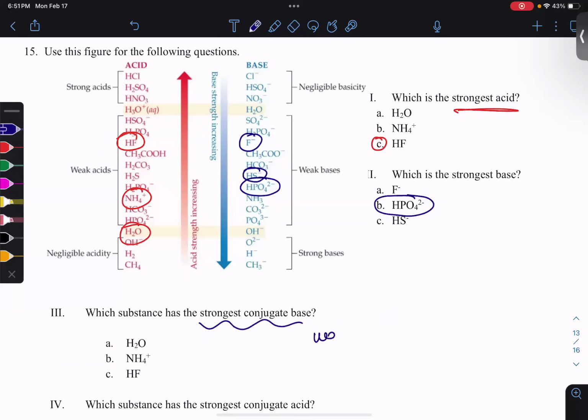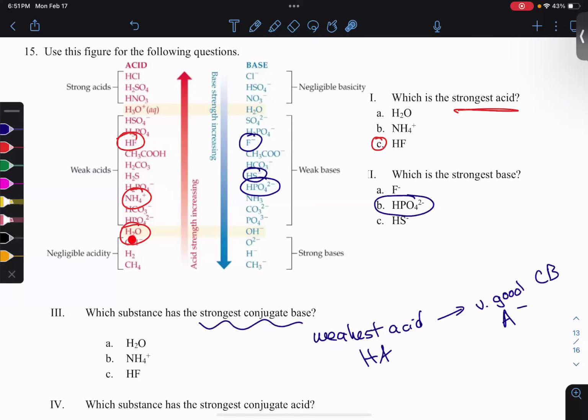The weakest acid, like HA, will have a very good conjugate base. So the conjugate base of HA acid is A minus. So therefore, our answer from before, the strongest acid has the weakest conjugate base.